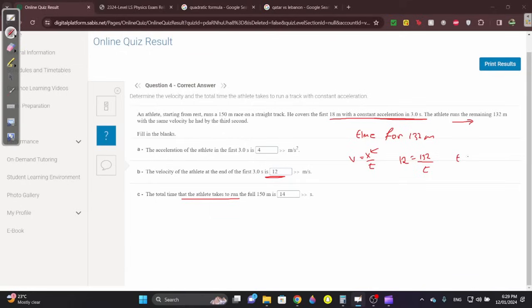We want to find the time. So the time is 132 divided by 12, and you get 11 seconds for the 132 meters. The first 18 meters took 3 seconds. So 3 seconds plus 11 seconds gives 14 seconds for the full 150 meters.